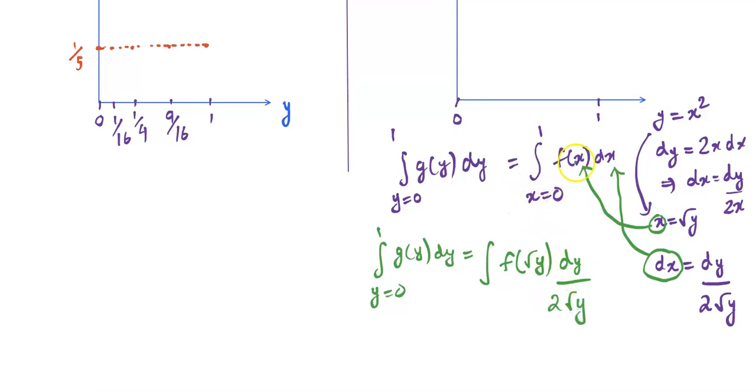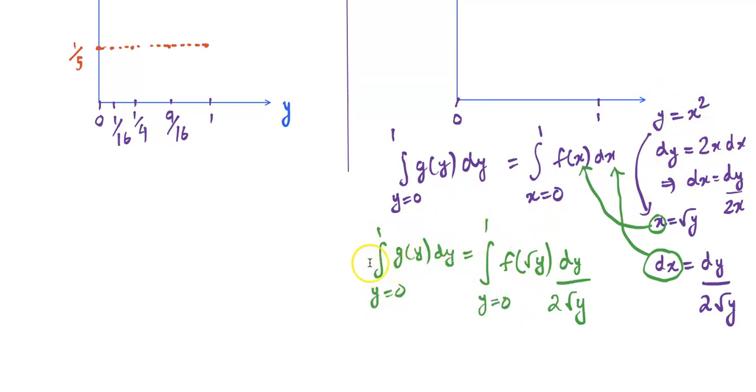And now because we have changed the variable from x to y, the limits of the integral will also change. But fortunately, when x ranges from 0 to 1, y also ranges from 0 to 1 because y is the square of x. Great.